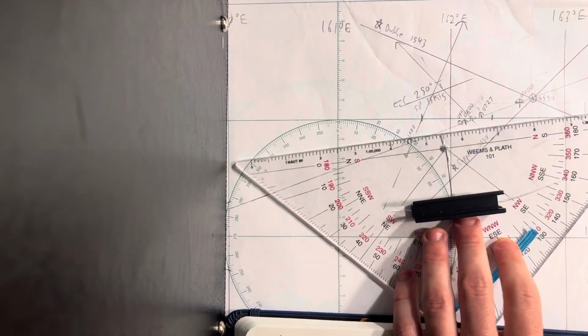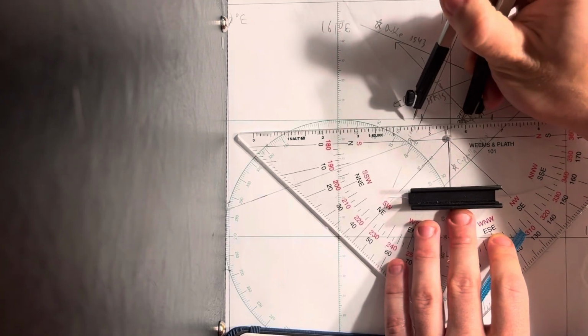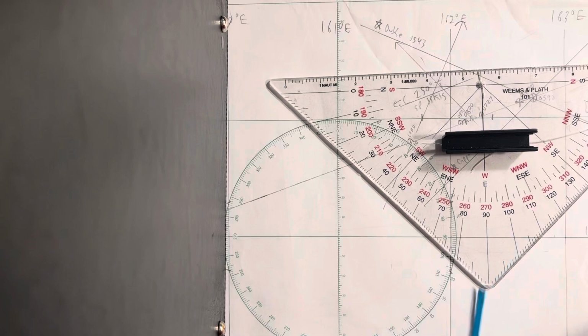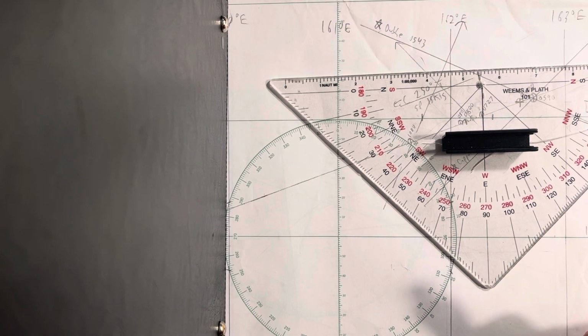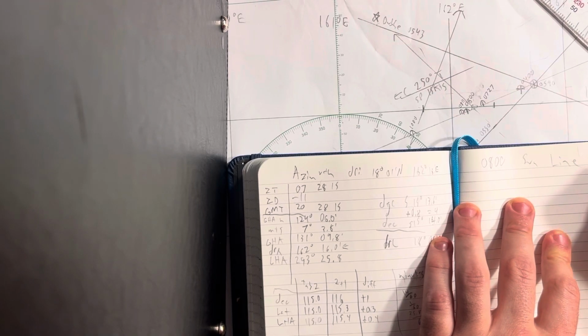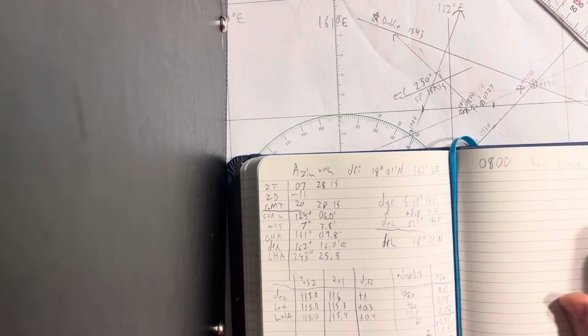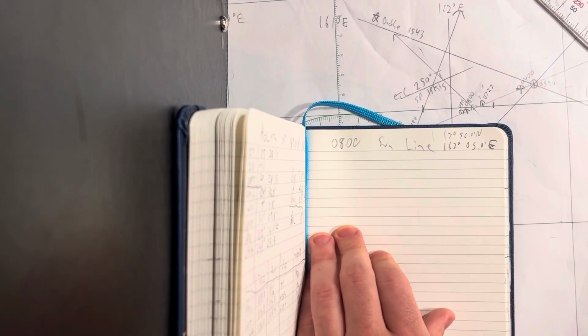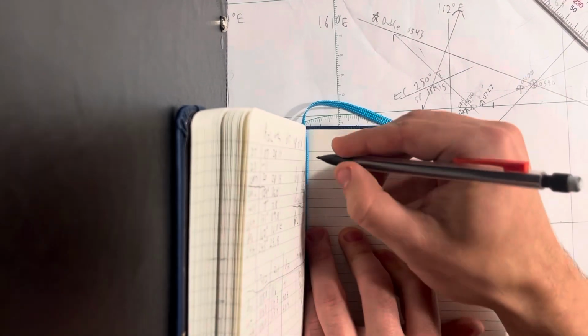Longitude is right there. 5 minutes. So 162 degrees, 05.0 minutes east. There we go. Now we can actually start to set up the problem.